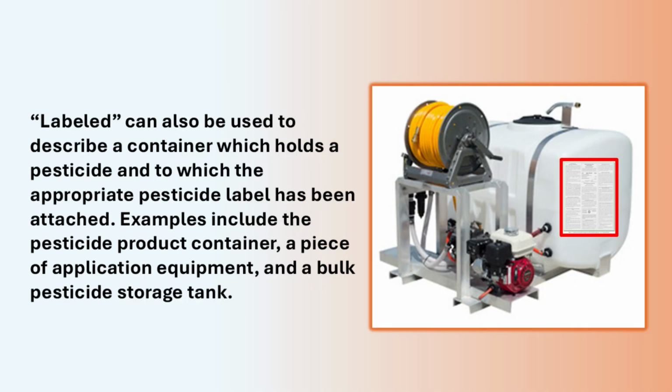Labeled can also be used to describe a container which holds a pesticide and to which the appropriate pesticide label has been attached. Examples include the pesticide product container, a piece of application equipment, and a bulk pesticide storage tank.